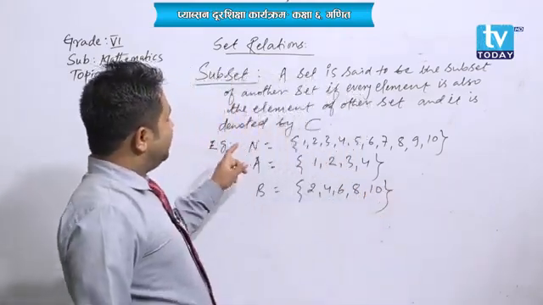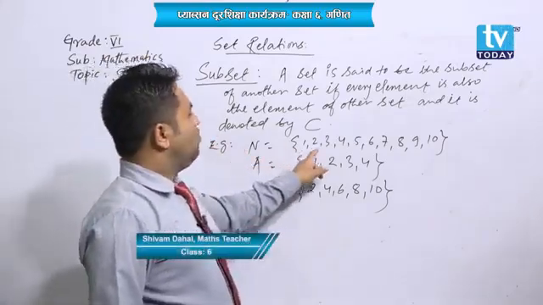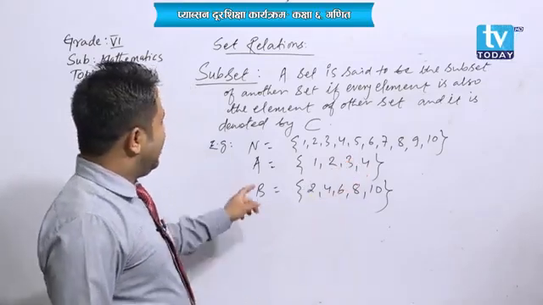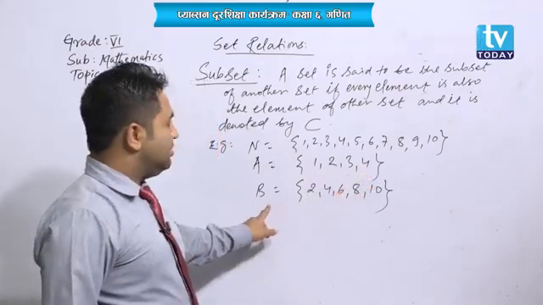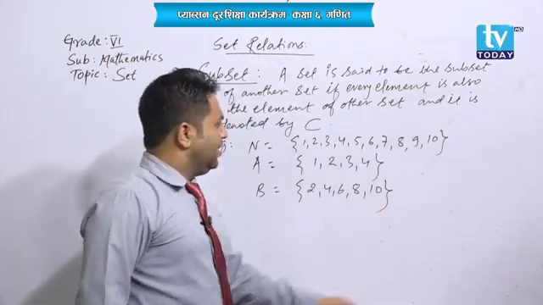Here I am taking three sets. One set is the natural numbers, 1 2 3 4 5 6 7 8 9 10, and another set A is 1 2 3 4, and another set B is 2 4 6 8 10.